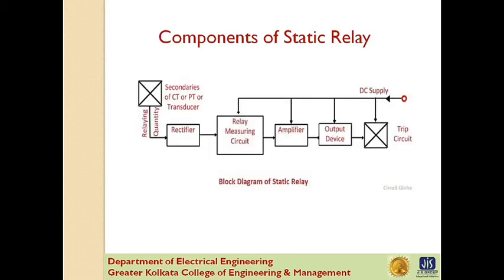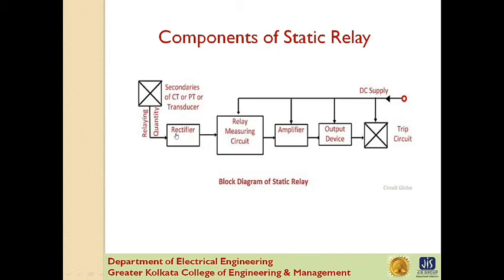The components of the static relay are shown in this figure. The input of the current transformer is connected to the transmission lines and the output is given to a rectifier.